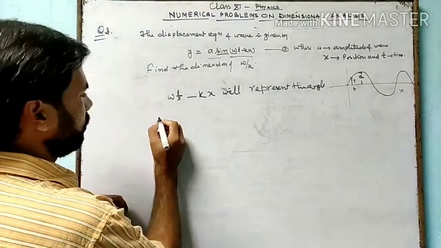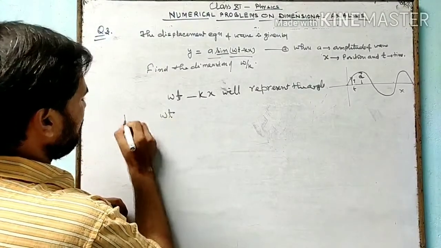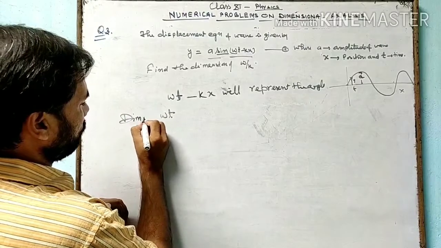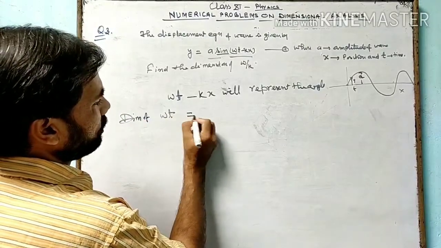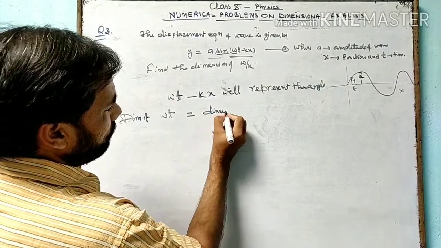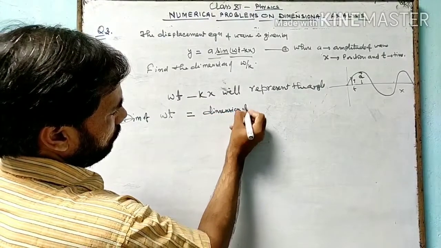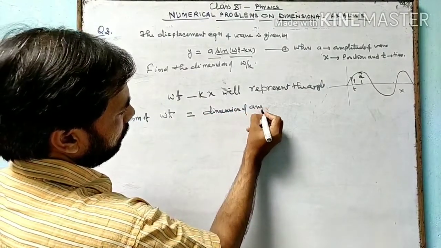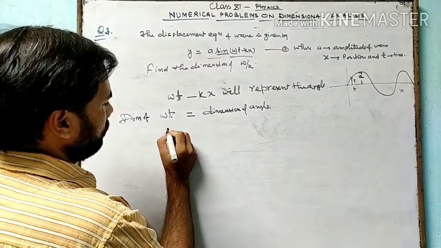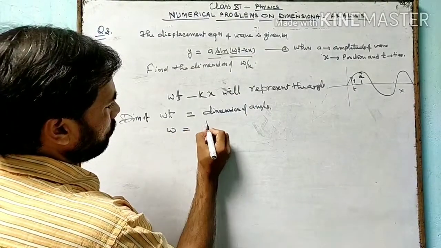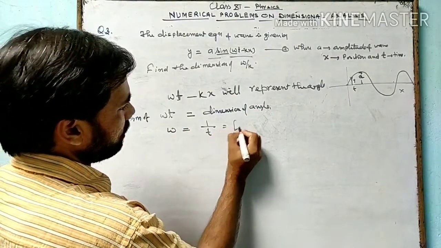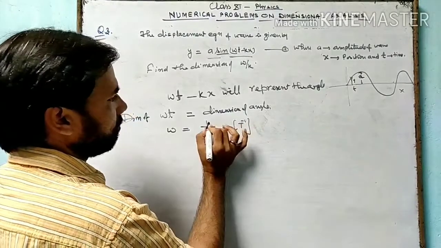So the dimension of omega t is equal to the dimension of angle. That is, the dimension of omega is equal to 1 upon t, that is t minus 1. Why 1? We have written 1.